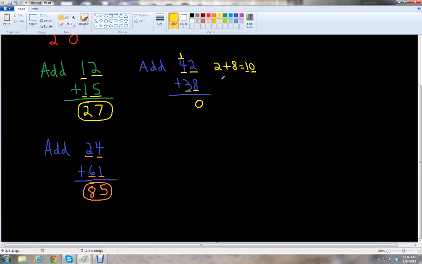So 1 plus 4 plus 3. So let's see what that gives us. We get 1 plus 4 is 5, and then 5 plus 3 gives us 8. So our answer is 80. 42 plus 38 equals 80.